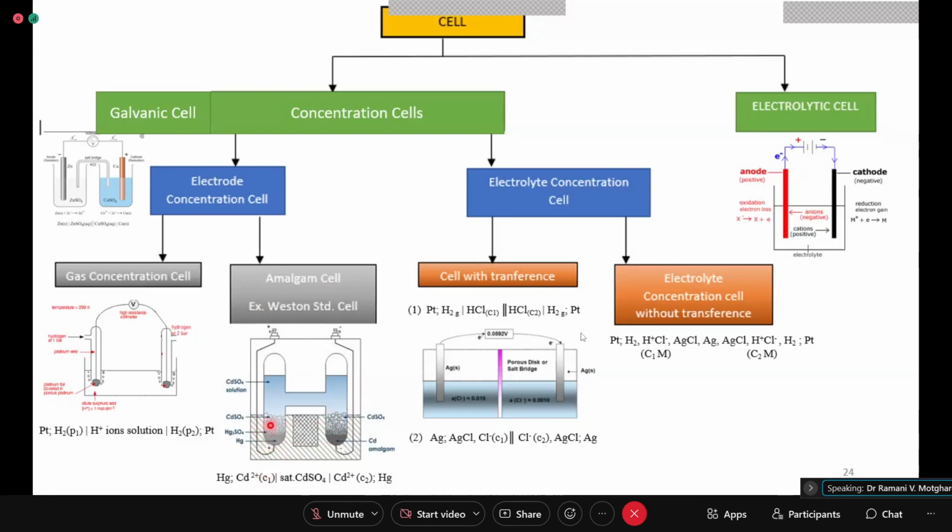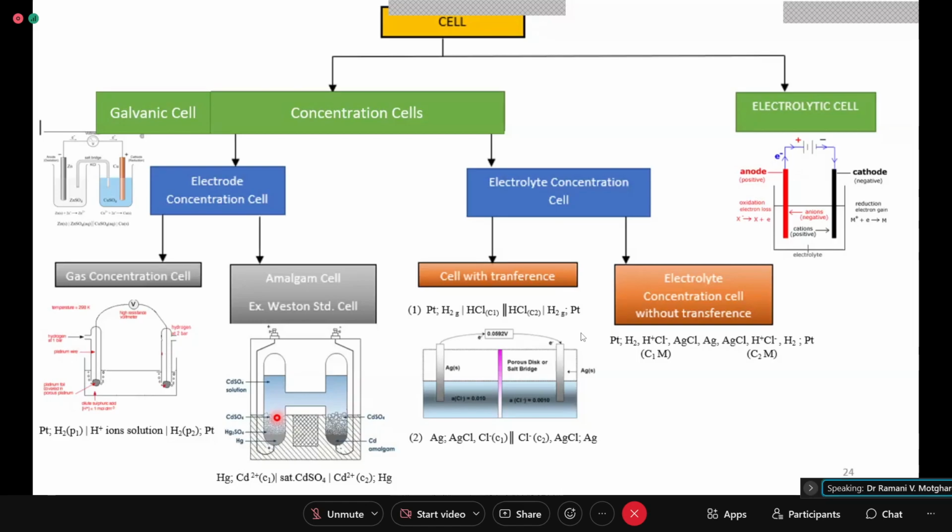It does not happen like in your simple zinc pencil cell. If you use it in a torch, you will find that it gets discharged, and towards the end you cannot use it if it requires more power.